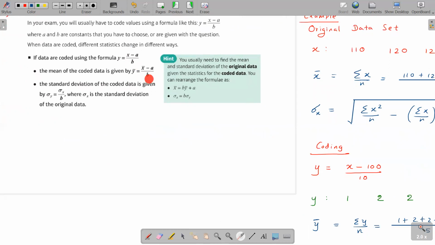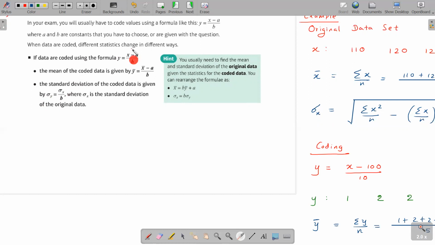Now you saw that for the mean, it was not much different, right? Because y was replaced with y bar, x replaced with x bar, and minus a over b was there exactly as it is. But look at the standard deviation. Do you see something is different here? Y has been replaced by sigma y. That's okay. X has been replaced by sigma x. That's also okay. The denominator b is also there.